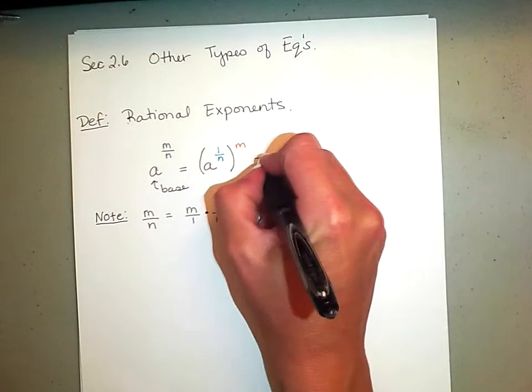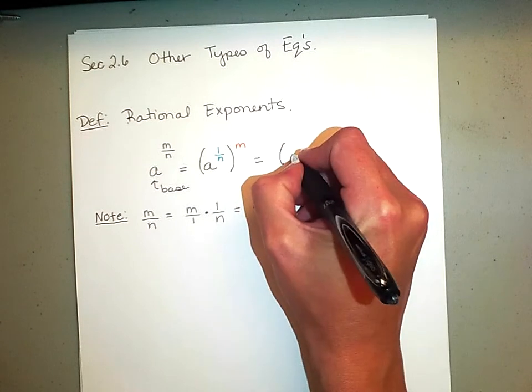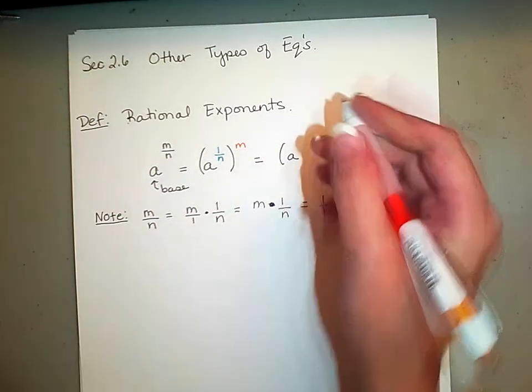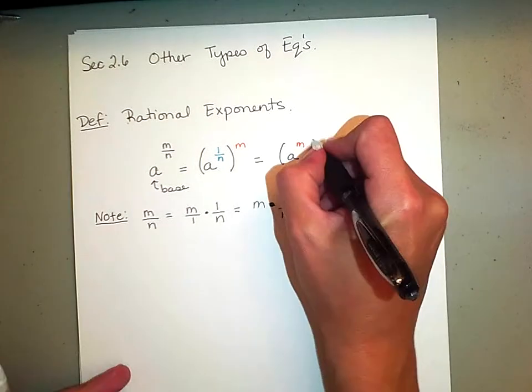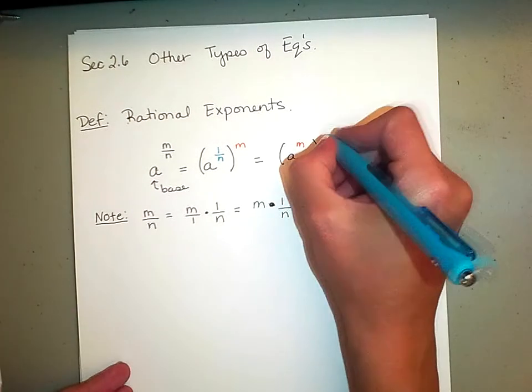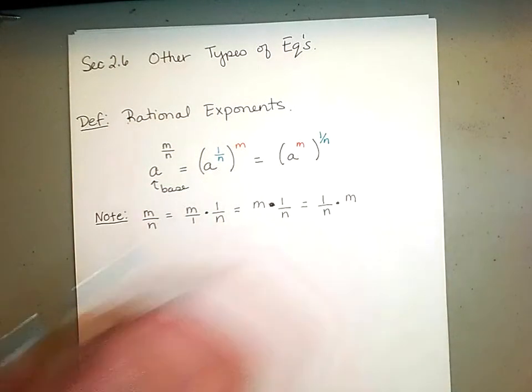Or we have the option of first taking our base, raising it to the m power, and then raising that to the 1 over n power.